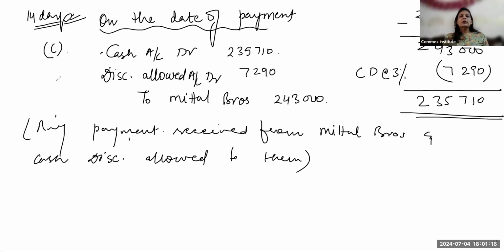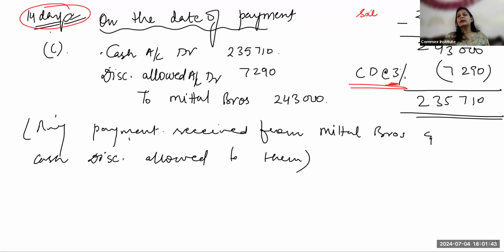So in C transaction, we're talking about the discount. So they say that if the payment is made within 14 days, right, Arhan? Then we will have to give the discount to the customer. So the customer is making us the payment within 10 days. So the customer is eligible for the cash discount. So cash discount we have to give at the rate of 3%. So this was the actual sales value.